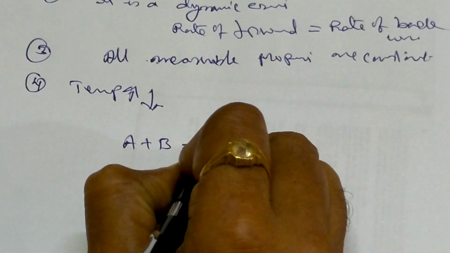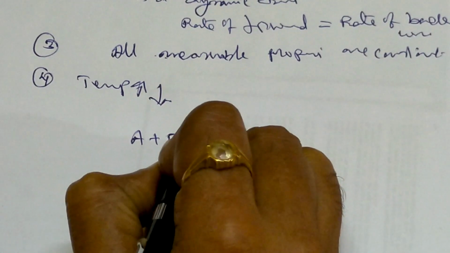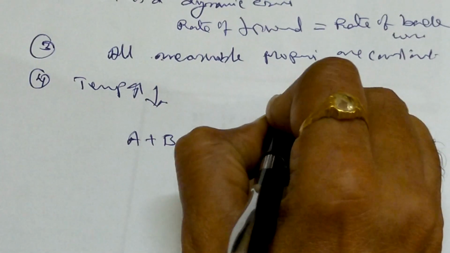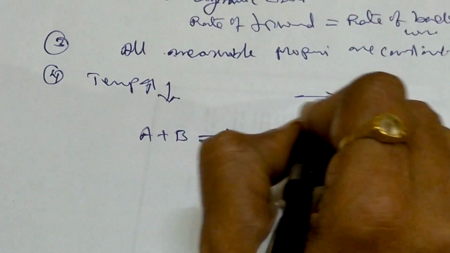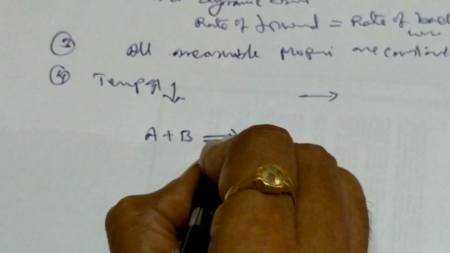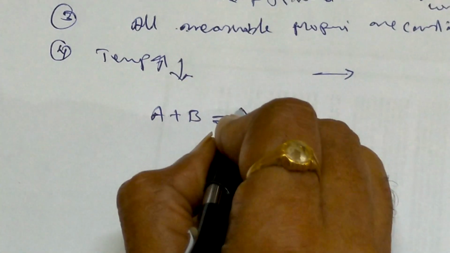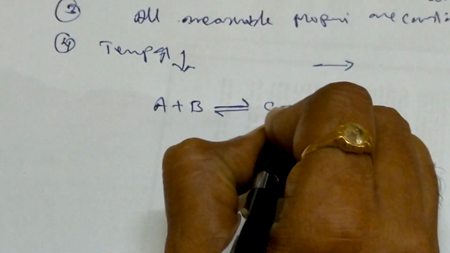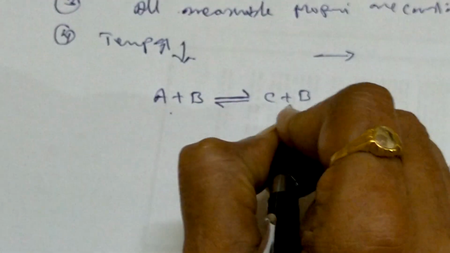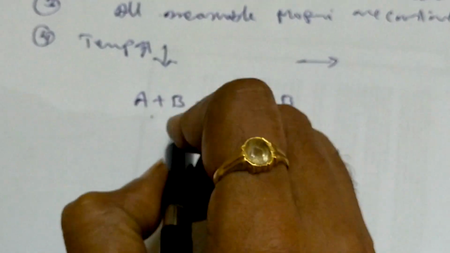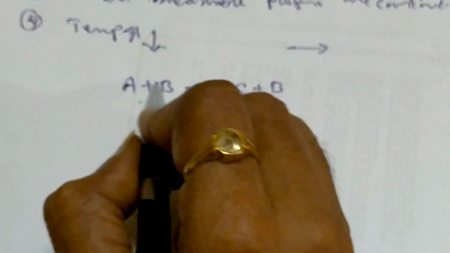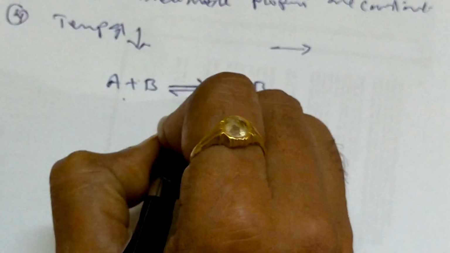For a reversible reaction, it should be a half arrow, two lines with half arrows, giving C plus D. These are the reactants, these are the products, and they are in equilibrium. After a certain time, the forward reaction rate equals the backward reaction rate.